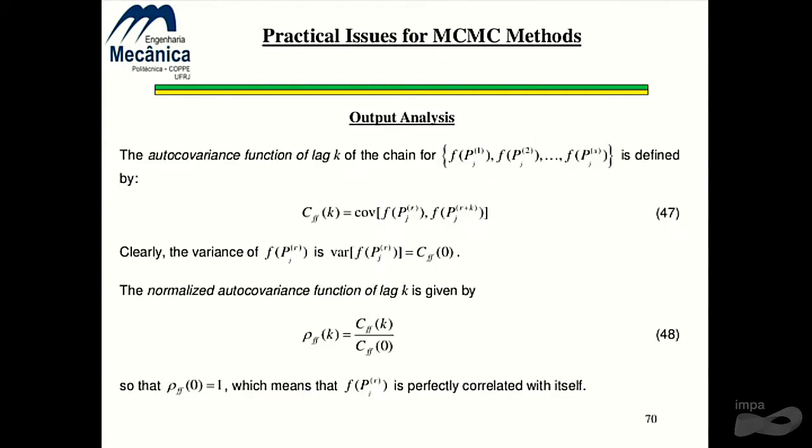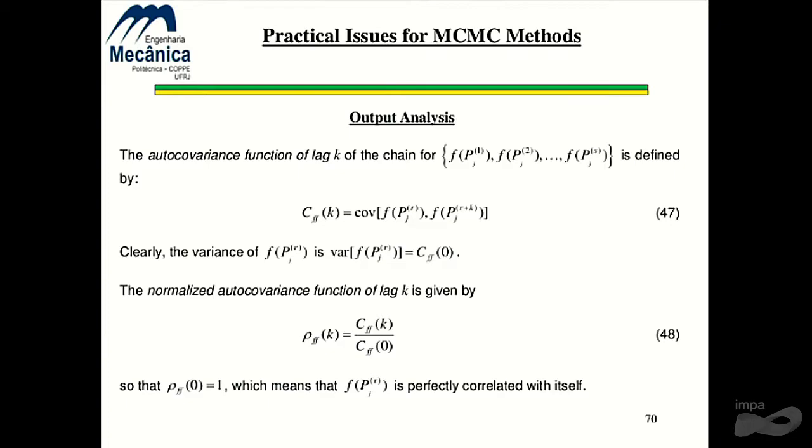We can compute the covariance of the value at some state R with the value at state R plus k, with a lag of size k.